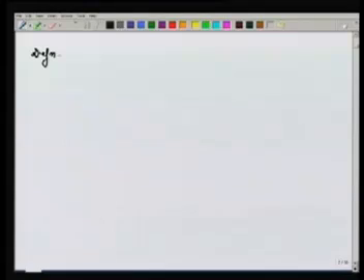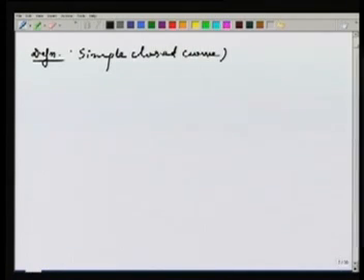But before I start, I will need certain notations. So first I define something. It is the definition of a simple closed curve, that is what we will need. So let us say C is a curve.